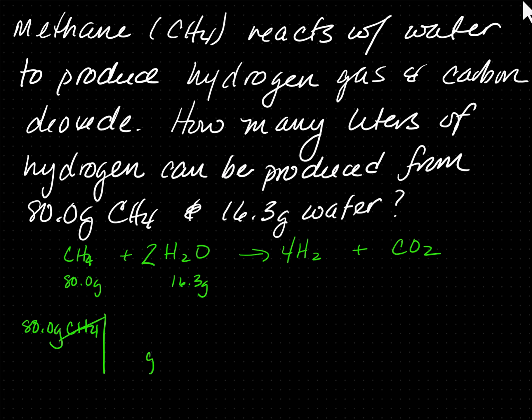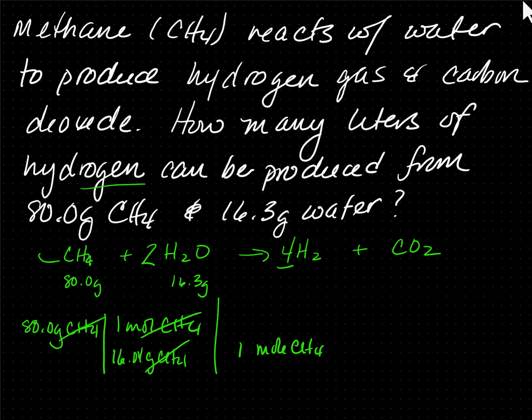Diagonals, gram CH4, 1 mole CH4, which weighs 16.04. Grams cancel out. Moles of CH4, moles of CH4. Coefficient is 1. We are looking for hydrogen in liters, so this is going to be 4 moles of H2.